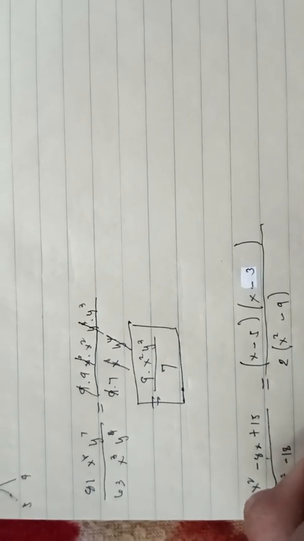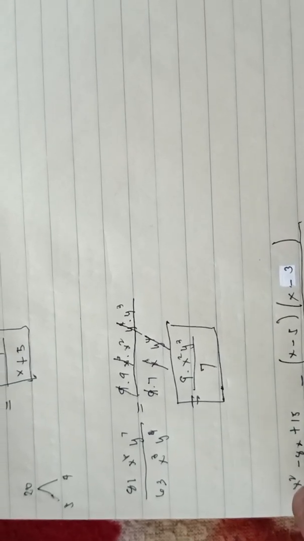So let's factor out the denominator. 2 times x squared minus 9, maaari na pa natin siyang i-factor. So ang factors ng denominator is x minus 3 times x plus 3.